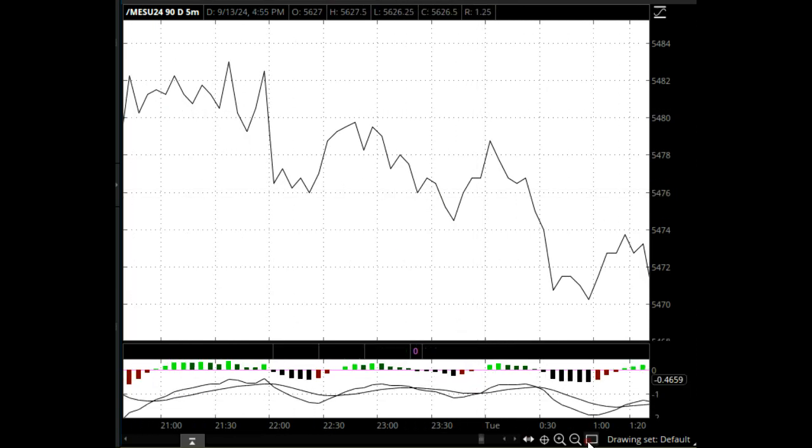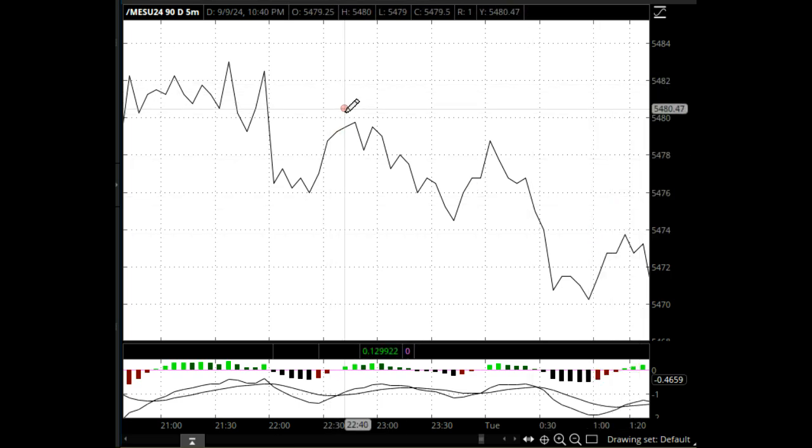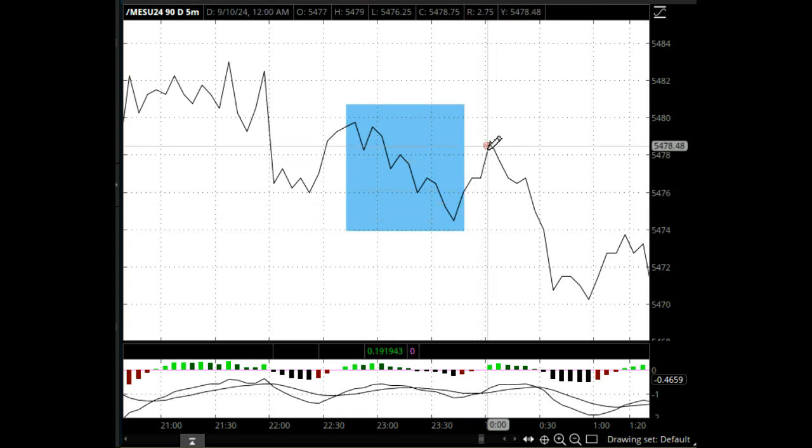Now, one thing I like to mention, the fractals will produce a turn. Sometimes the turns will be minor, like over here, or it could be major, meaning it would continue to go up. But if you follow the fractal setup here, say you went long at 74, it went to 73.